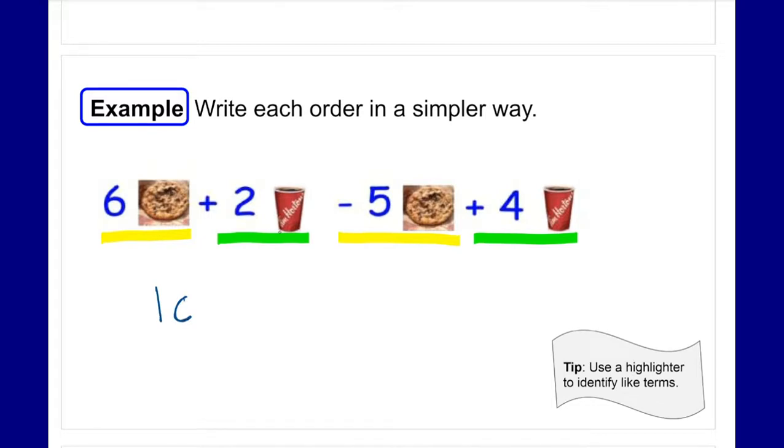Plus 2 coffees plus 4 coffees, I can combine those together and say I have plus 6 coffees. Let's say D for drinks instead, because we don't want to mess it up with C, because it is something different. So again, that's collecting like terms. I've combined my items. So we use C for cookie and D for drinks.